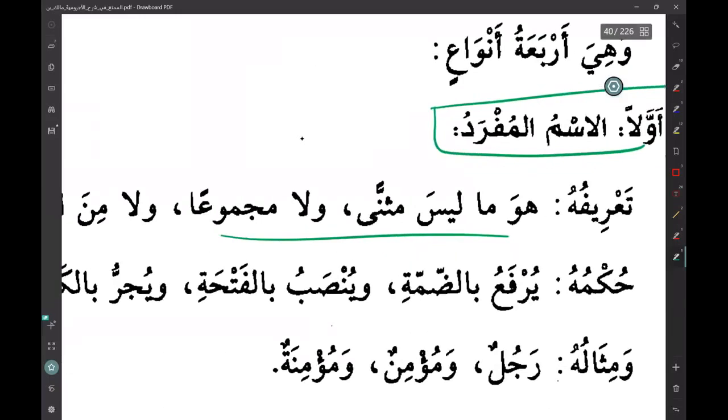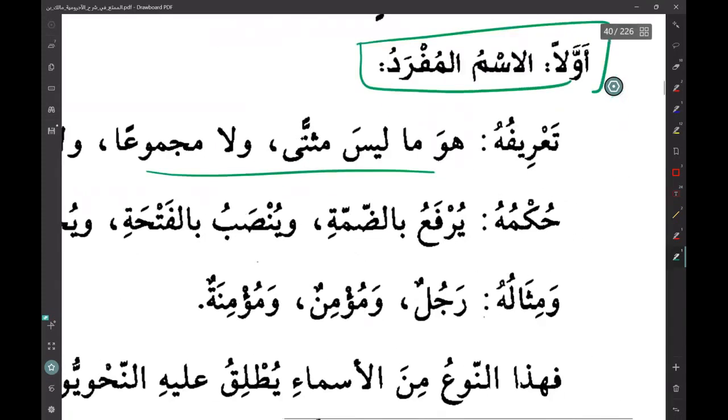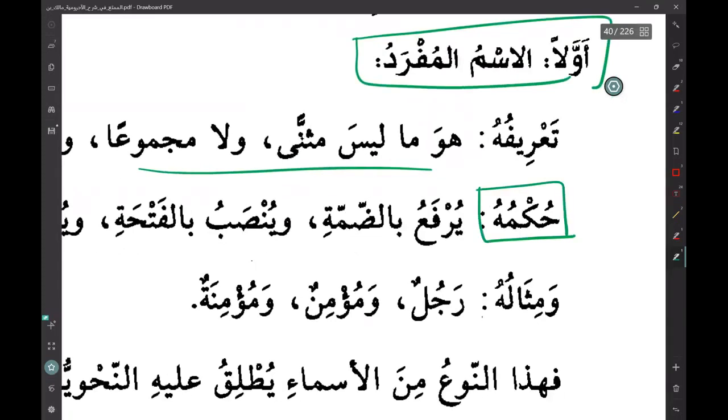Here it's just basically saying laysa muthanna wa jam', that means it is not dual and it is not plural. So what is hukmuhu? The main thing we want to know is, what is the hukm? You will find this word hukm all the time. Here, when hukm comes, it means the ruling. What is the ruling of the singular noun? Meaning we want to know how we do i'rab of the singular noun.